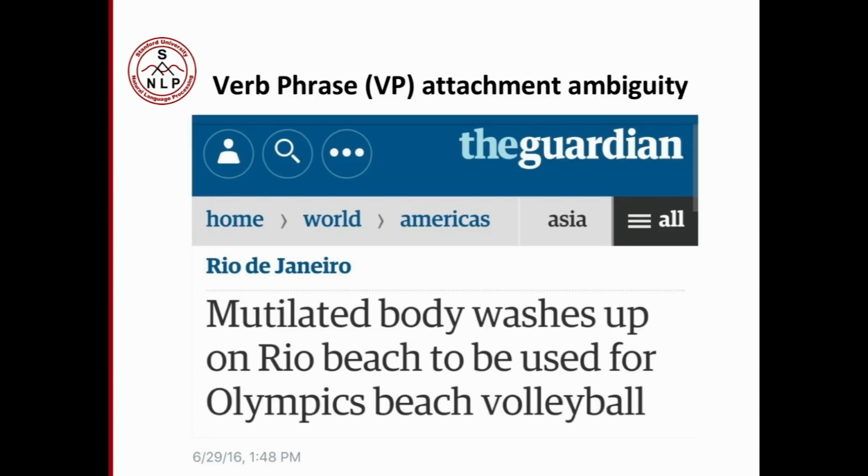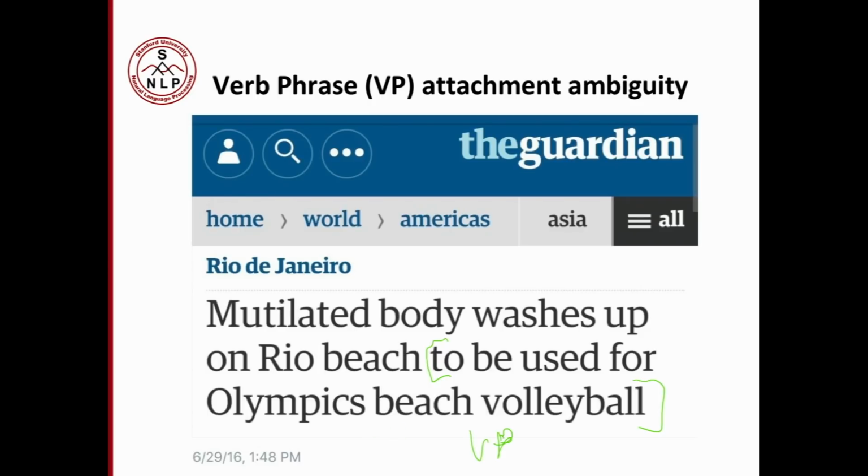Okay, so we've got this big phrase that I won't try and put a structure over, to be used for Olympic beach volleyball. This is sort of like a prepositional phrase attachment ambiguity, but this time, instead of a prepositional phrase being attached, we've got this big verb phrase.